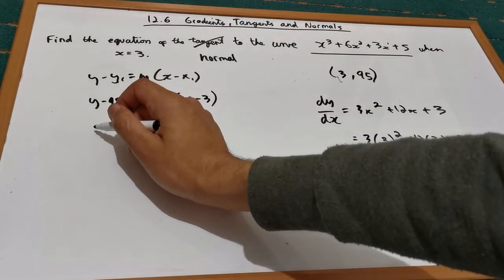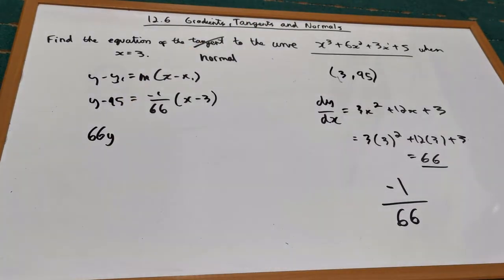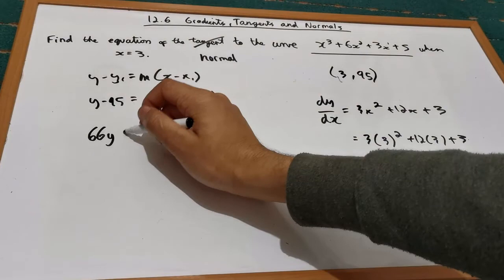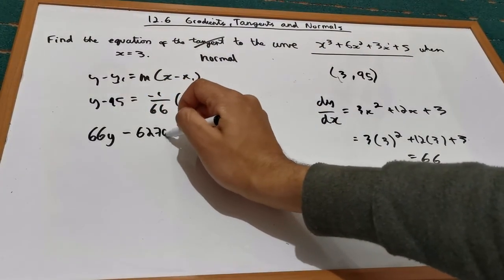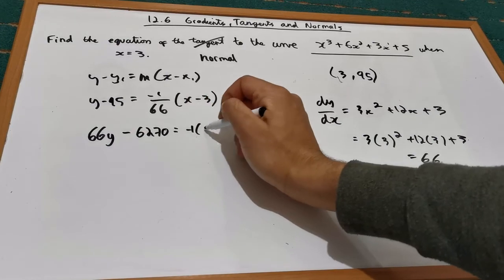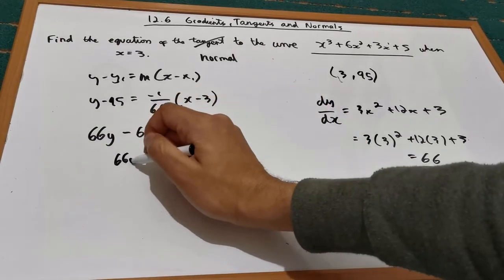Now, we would multiply out the 66 to make things easier for ourselves, as it's much easier to use whole integers than it is for us to be using fractions. Now we just expand this out and rearrange.